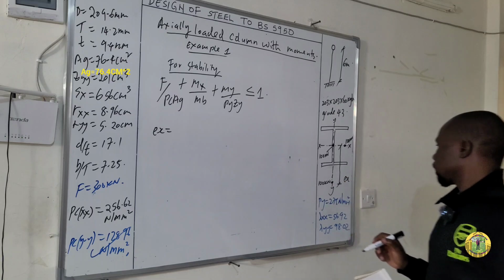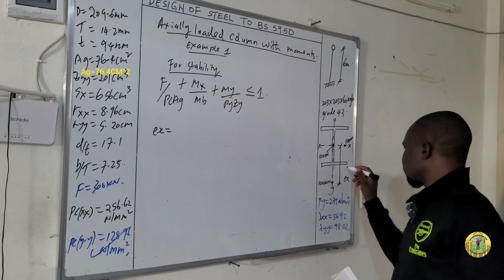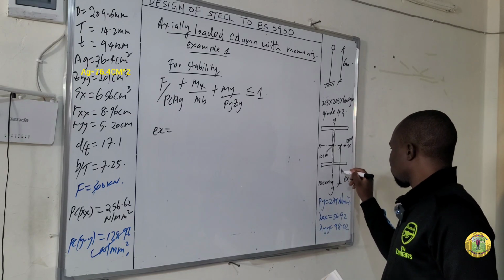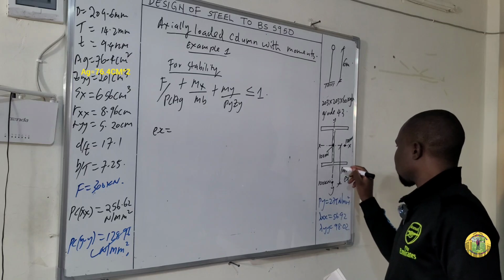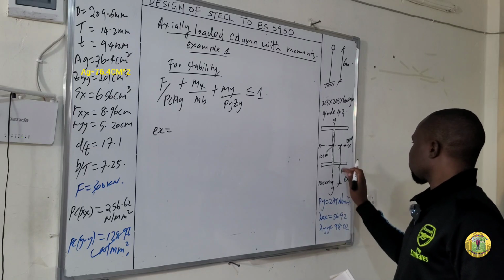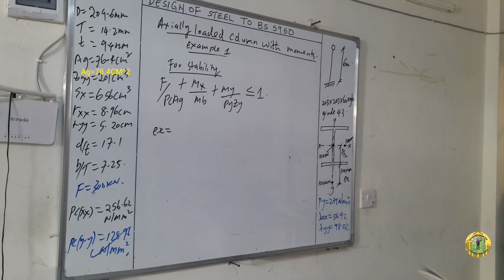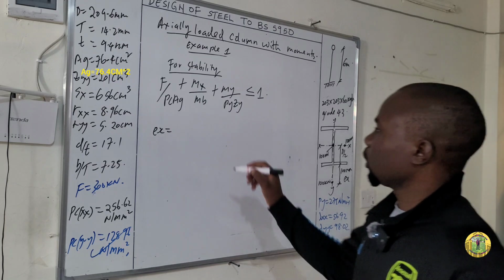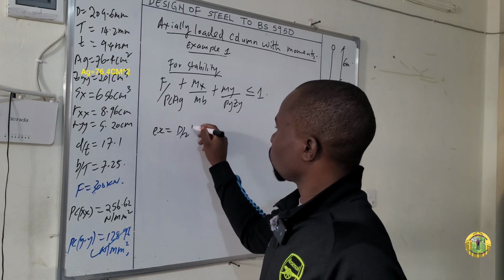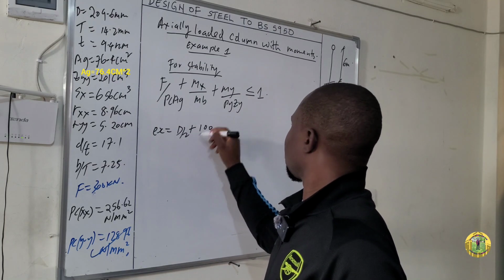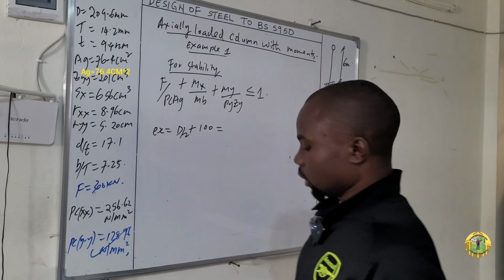And remember we said the load is acting 100 millimeters from the face of the column. So this is 100. And this distance is D over 2. So EX is equal to D over 2 plus 100.